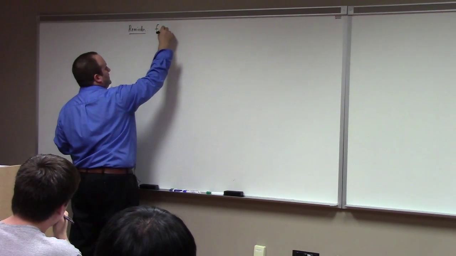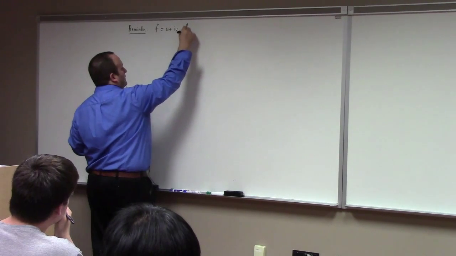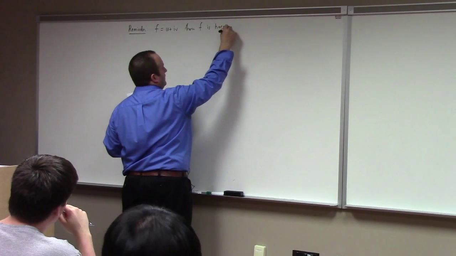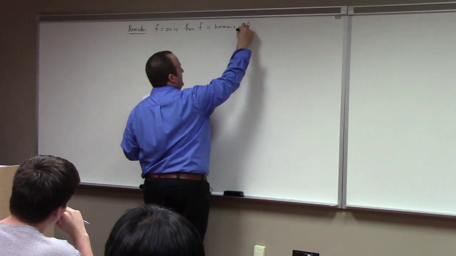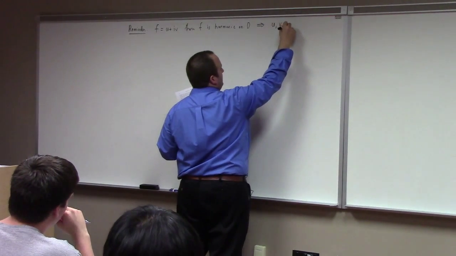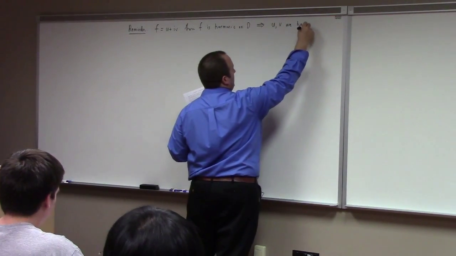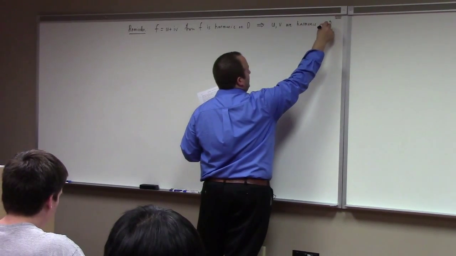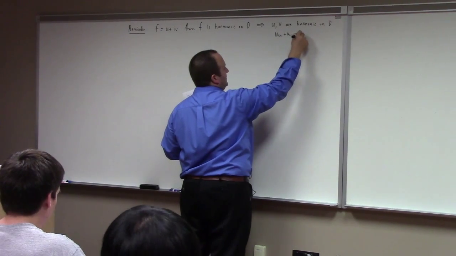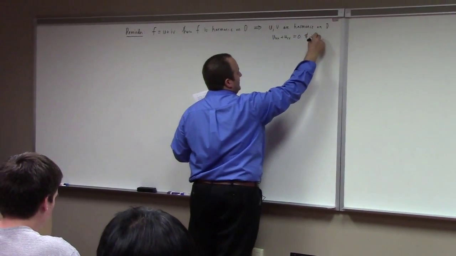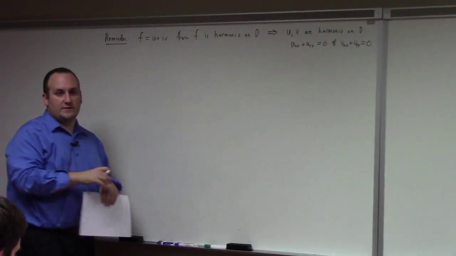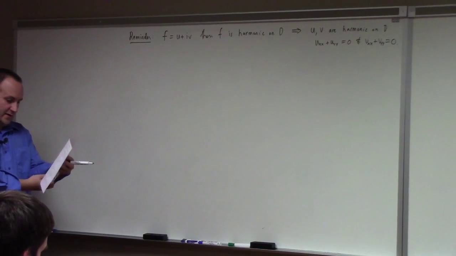If f is equal to u plus iv, then f is harmonic on some domain D. What that means is that u and v are harmonic on D, which means that, of course, uxx plus uyy equals 0, and vxx plus vyy equals 0. All right? So that's what harmonic means for us.